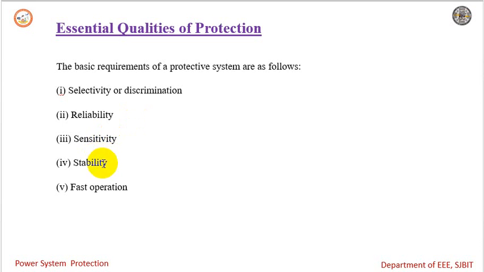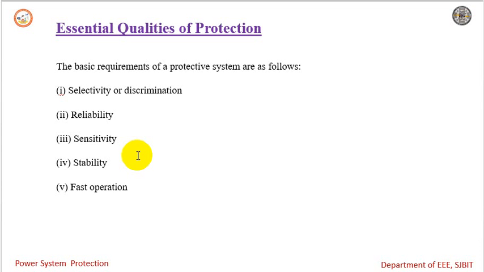Next one is stability. Stability means that whenever a fault occurs, there are large currents flowing in the protective zones due to an external fault or internal fault.